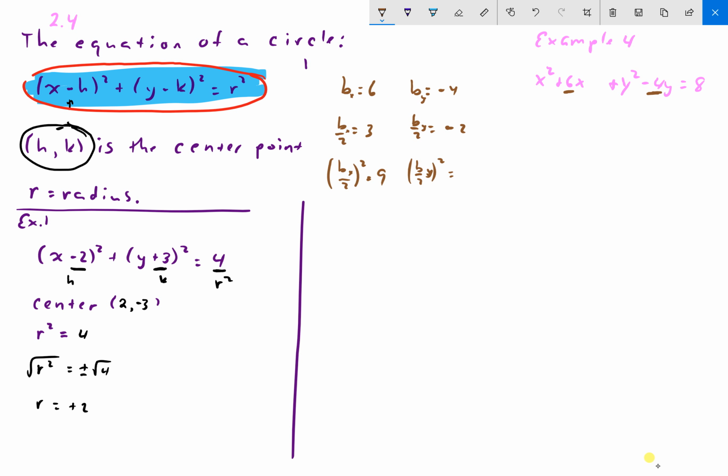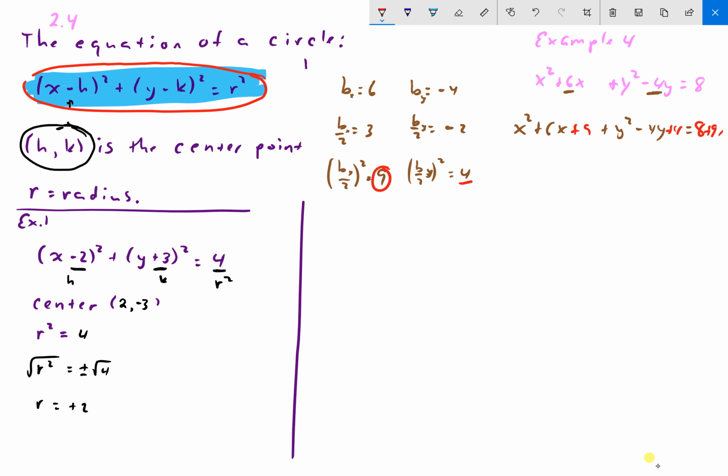So what I'm going to do is say x squared plus 6x plus y squared minus 4y equals, and I'm going to add this value to here. So I get 8 plus 9. I'm going to add this value here.